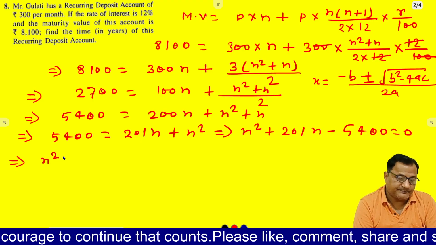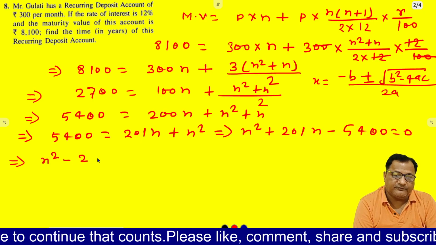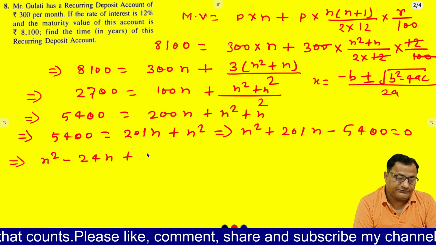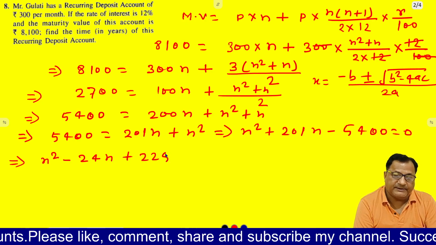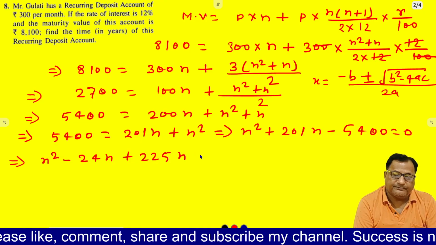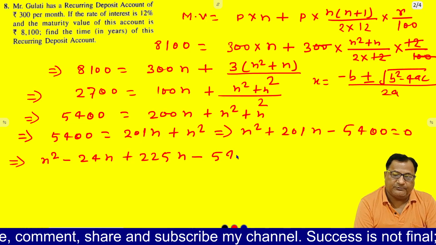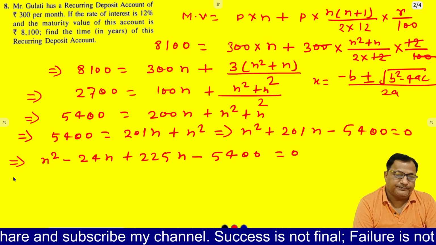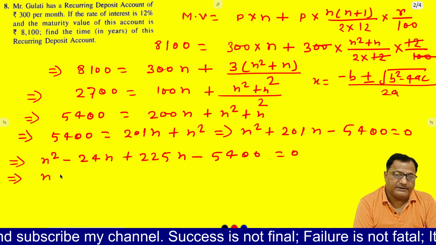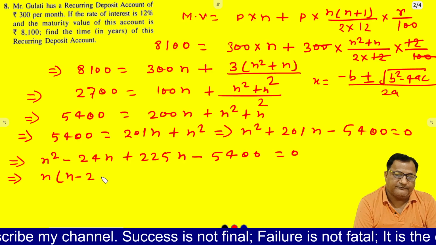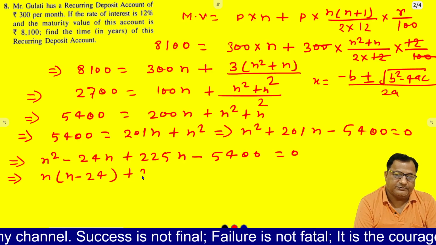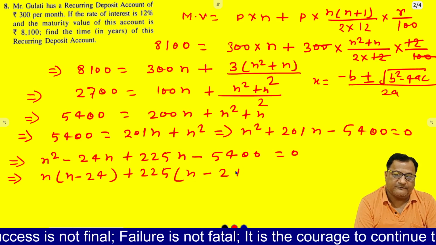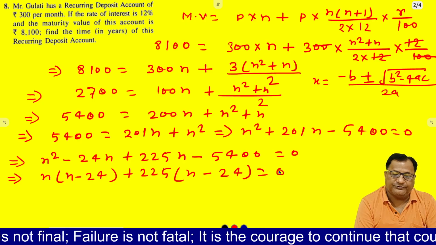N square minus 24 N plus 225 N minus 5400 equal to 0. N into N minus 24 plus 225 into N minus 24 equal to 0.